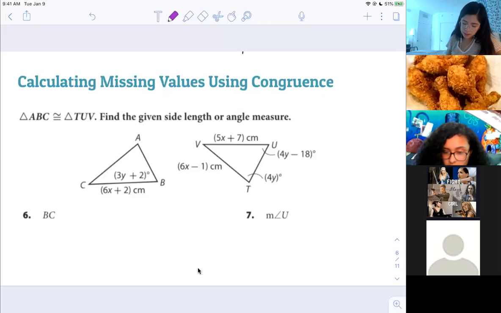So for side length BC, what is that corresponding to on the other triangle? VU. Okay, good.